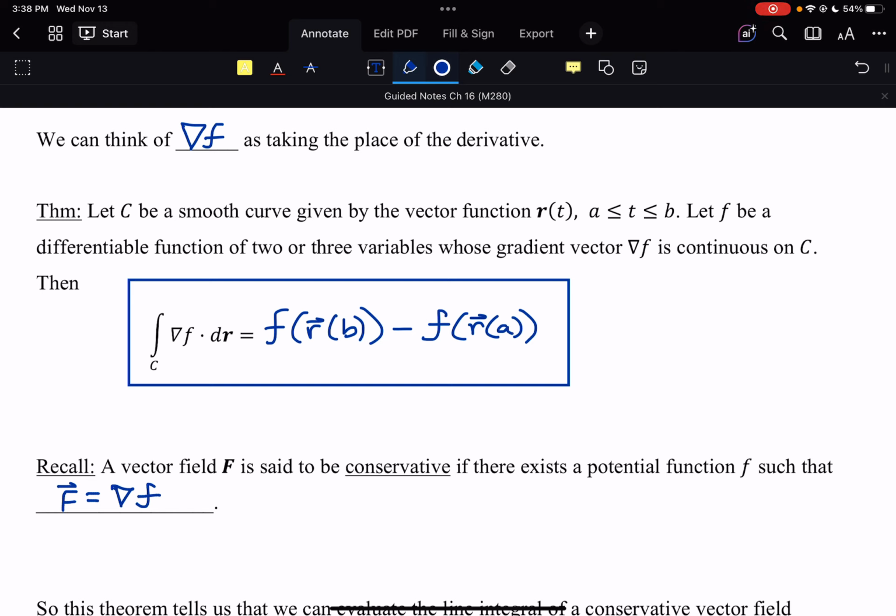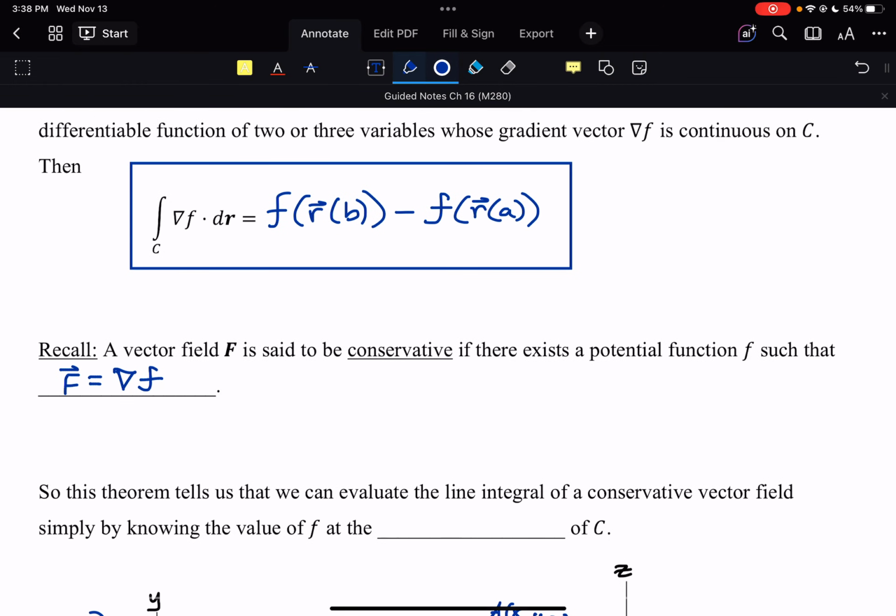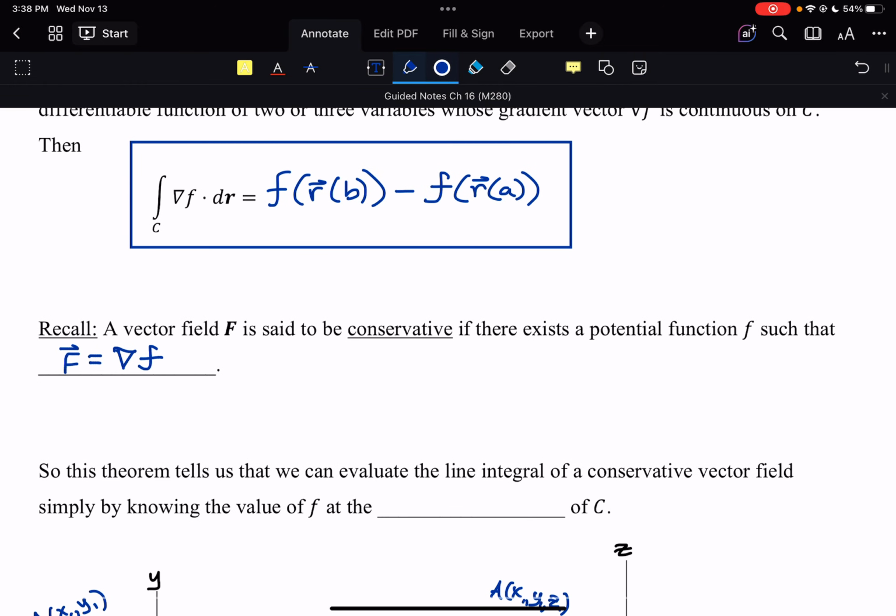So if a vector field is conservative, then that means it can be written as a gradient. If it can be written as a gradient, then we can apply the fundamental theorem of line integrals to it. Okay, so this theorem tells us we can evaluate the line integral of a conservative vector field simply by knowing the value of f at the endpoints of C.